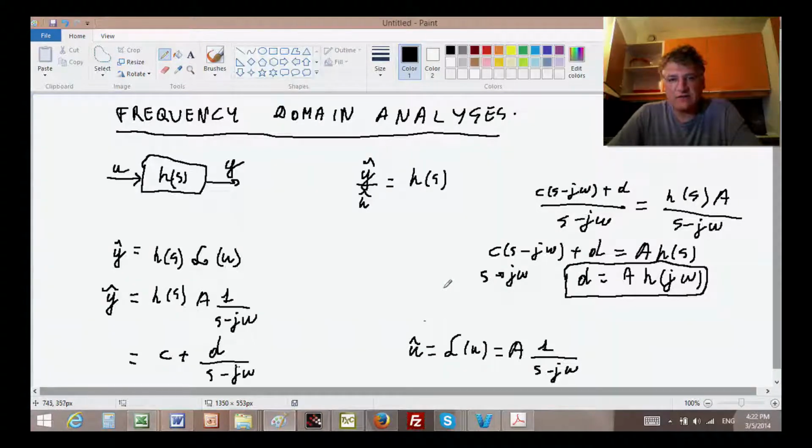On the other hand, we can now replace D by its value, and we obtain that C times S minus j omega is equal to A h of S minus A h of j omega.